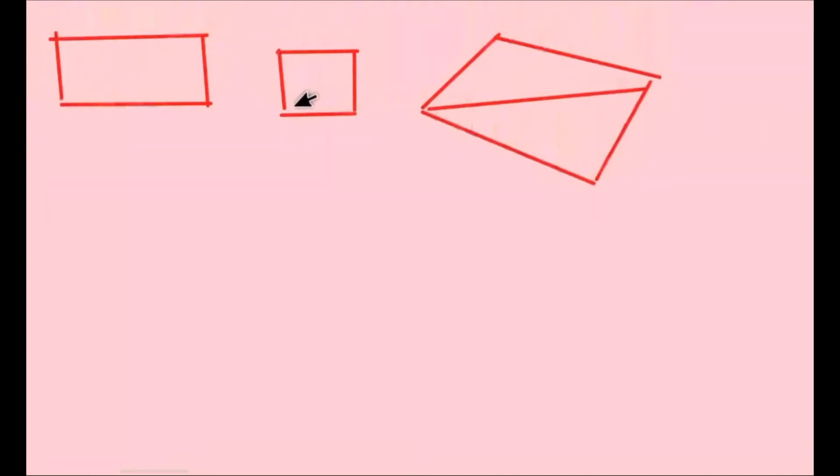Okay, so before going, here is another quad. This one is any quad. If we want to know the area of this type of shape, how will we find it? First divide this into two parts. These are two triangles. Okay.